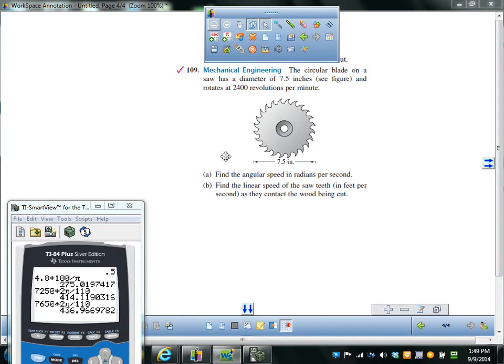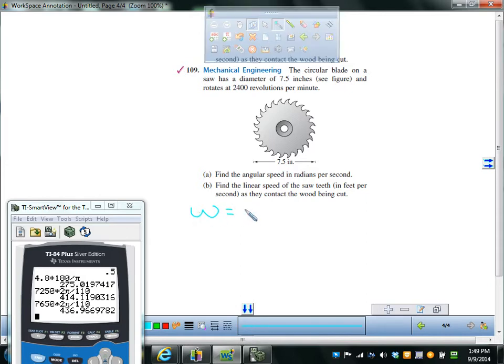So angular speed, which they call omega, angular speed is how fast is something rotating. So it doesn't matter, this is an omega that I'm trying to make, it's how much does it rotate in some certain unit of time, okay? So in this case, they give us revolutions per minute. They want the angular speed in radians per second.